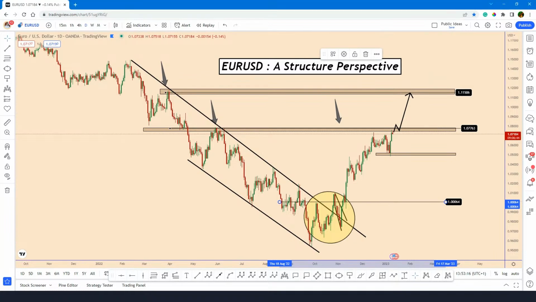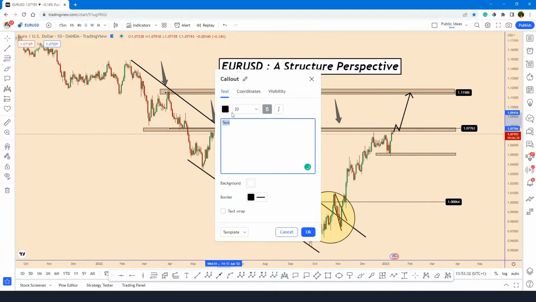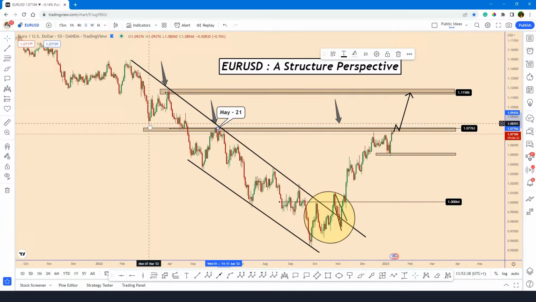That is why we have to pay close attention to the USD data and also to Powell's speech today. It will be very interesting. This support area dating back to May 21 is a very old support area, and here we have March 22.